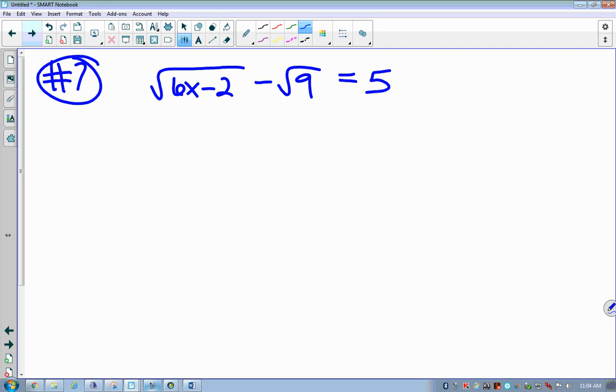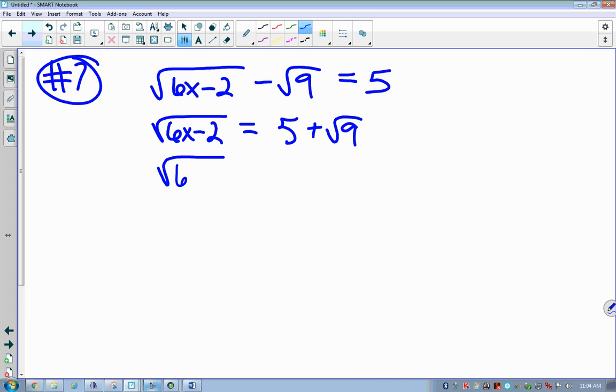The first thing I'm going to do is add radical 9 to the right-hand side because I want to isolate this complex radical we have over here. So whenever I do that, I'm getting 5 plus radical 9. And what's really nice about radical 9 is what? It equals 3, so 6x minus 2 should equal 8 over here, correct?